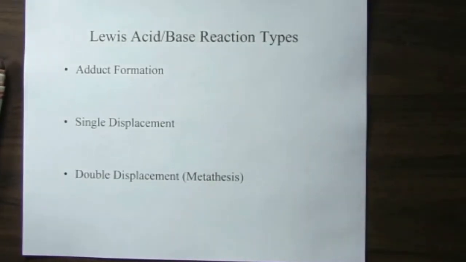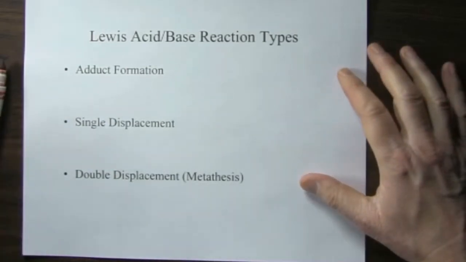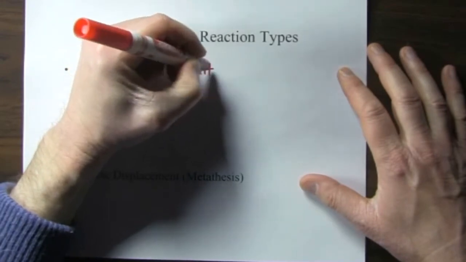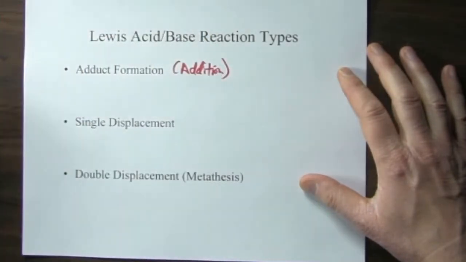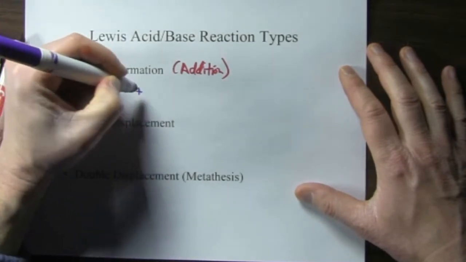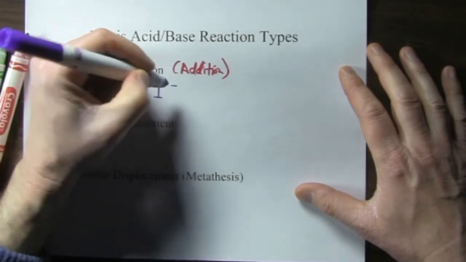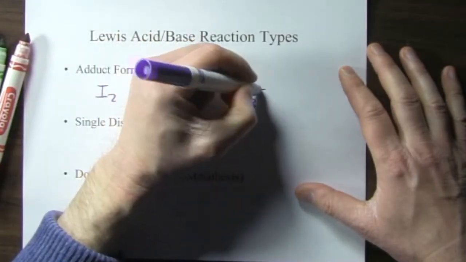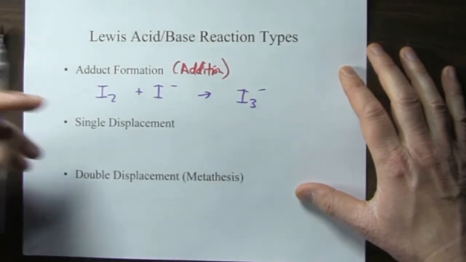And in Lewis acid-base theory, there's some vocabulary we need to learn based on reaction types. So one is adduct formation, or an addition reaction. So when you put an acid with a base, they come together to form a new compound, which is then the adduct, or the product.